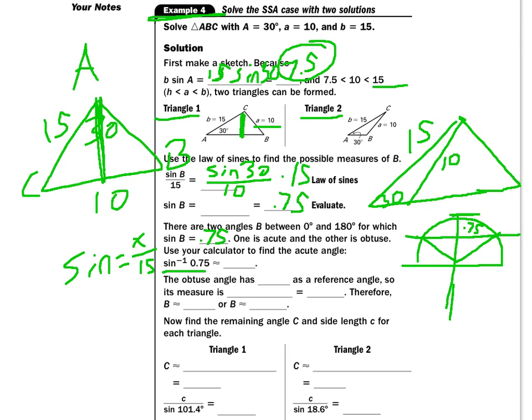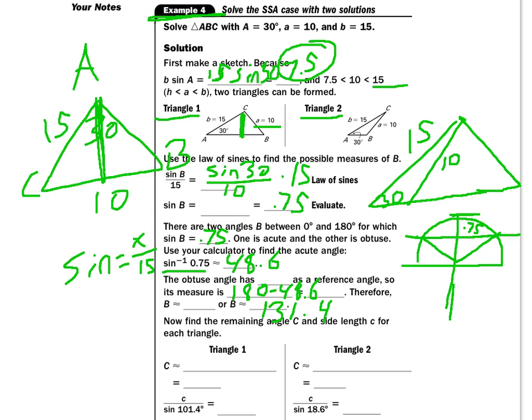So when I do the inverse sine of 0.75, I get 48.6. That's what your calculator is going to tell you. But the obtuse angle is going to be 180 minus 48.6. That's going to give you that reference angle, which is going to be 131.4.